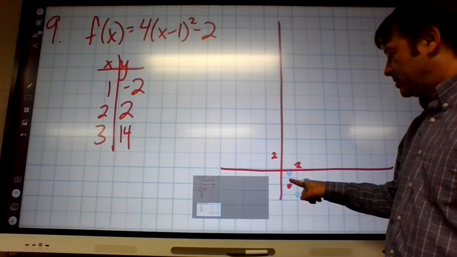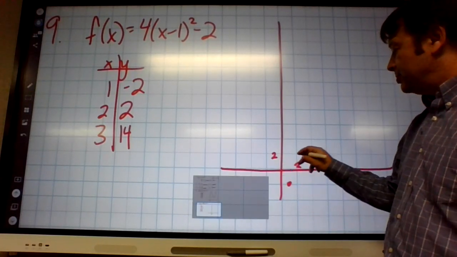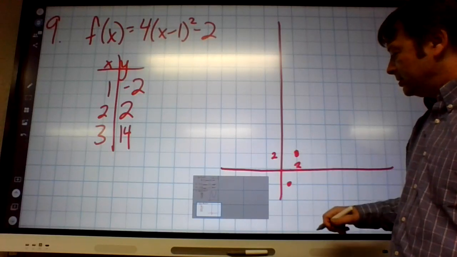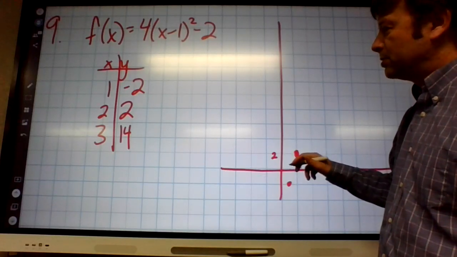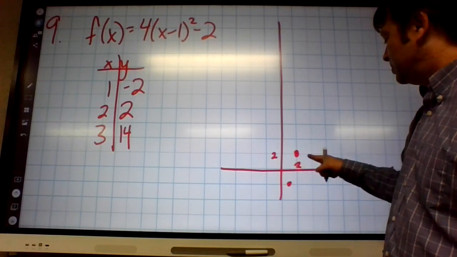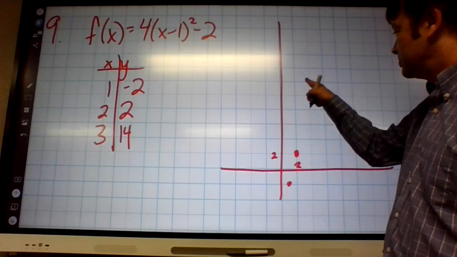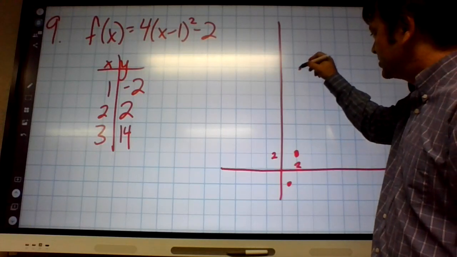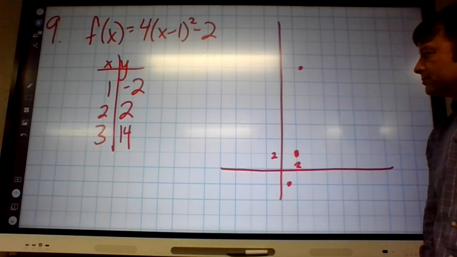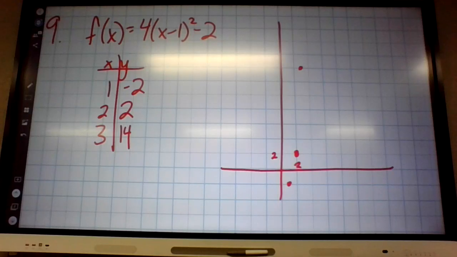You have to be careful and count by 2s. 2 is right here. 2, 3, 14. 2, 4, 6, 8. Basically up at 7. Nice. So then we just reflect that.